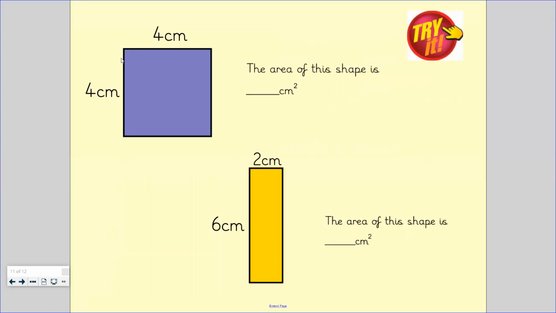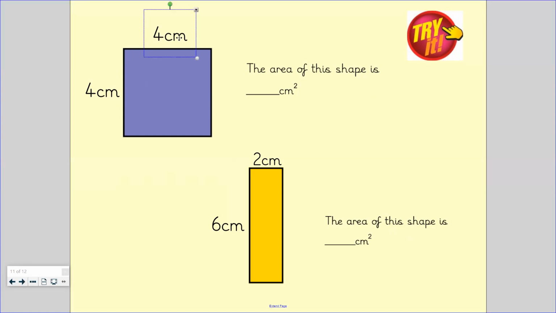So try and work out the area of these two shapes. You can pause the video whilst you do this. So the area of our square, again you do 4 times 4, so it's 16 centimetres squared.